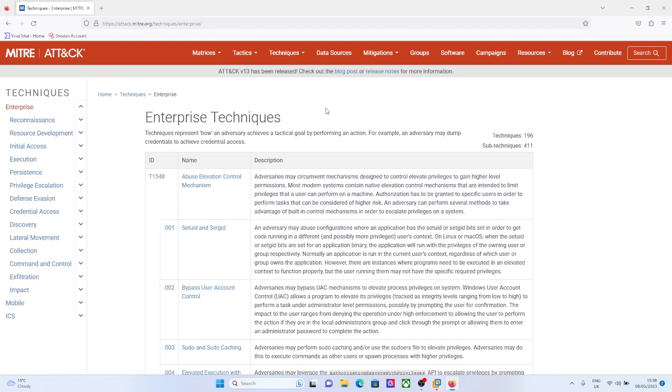And basically MITRE ATT&CK tries to solve the problem of standardization of attacker activities, like their TTPs, and how can we model them, how can we track them, can we create a taxonomy to understand these TTPs so that we can share information more easily, we can understand the offensive side, we can model the threats, we can try to detect them in a standardized way, and so on and so forth.